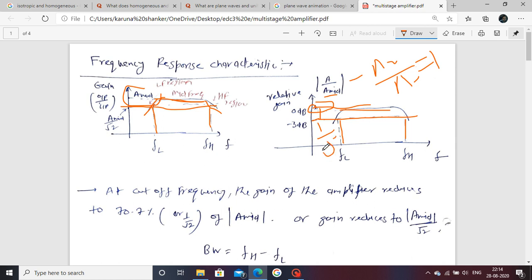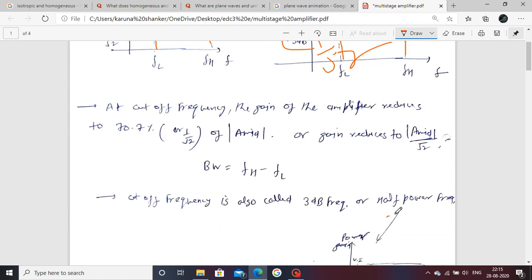If you calculate 1 upon root 2 in dB, this value comes to minus 3 dB. This point is also called the 3 dB cutoff frequency, and also the half power frequency.